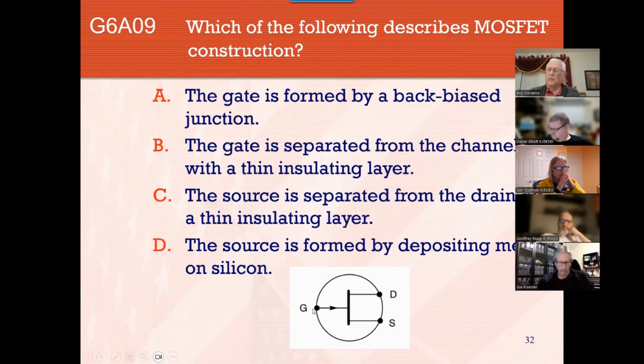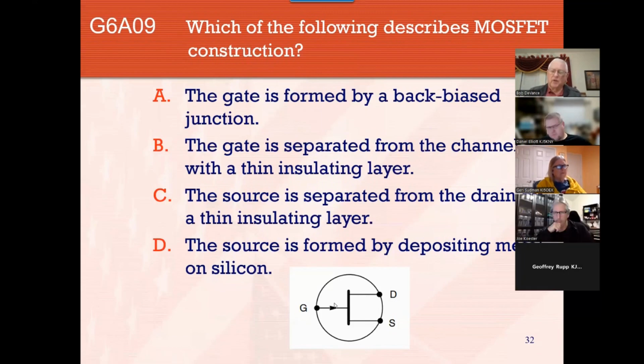The gate is like the base on a regular transistor. We put a voltage on that gate, and it causes the transistor to conduct or amplify back and forth, whatever it's hooked up to do. So to make this thing work, we have a piece of conducting material here. And before we get to the gate connection, there's a real thin little film insulator that's put right across there.